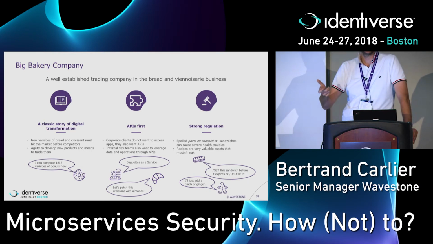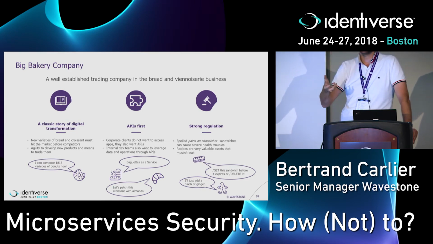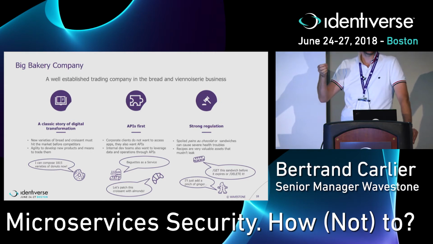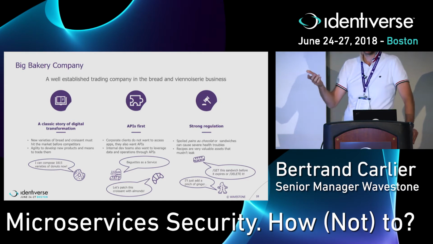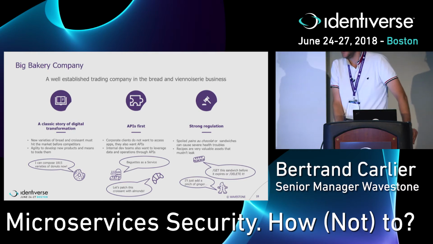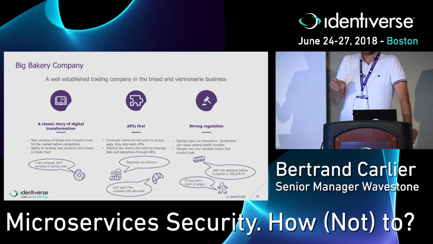They went API with some API first motto. So that means first I build my APIs, and then the company itself and its clients can leverage the same APIs to build on top of that the applications, mobile or web applications. So APIs are the core of this company, and they are under strong regulation.